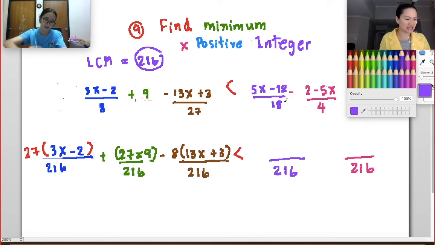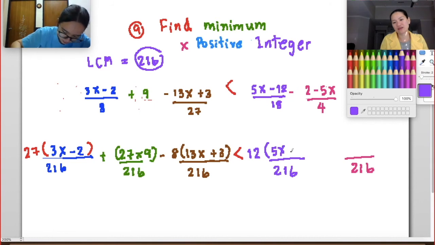And this one, 18. 18 multiplied with 12 equals 216. So I multiply with 12 on top and the bottom. 12 multiplied with 5x minus 12.